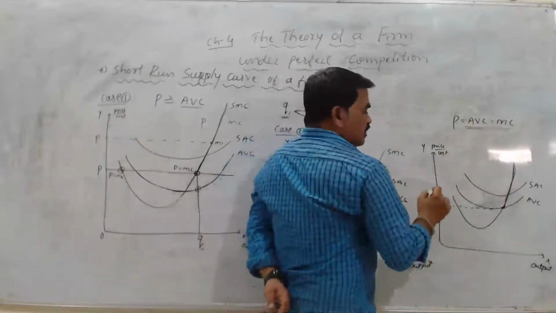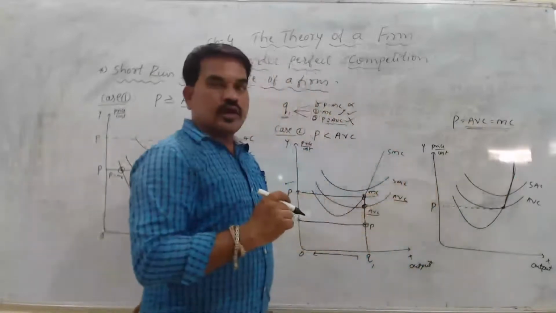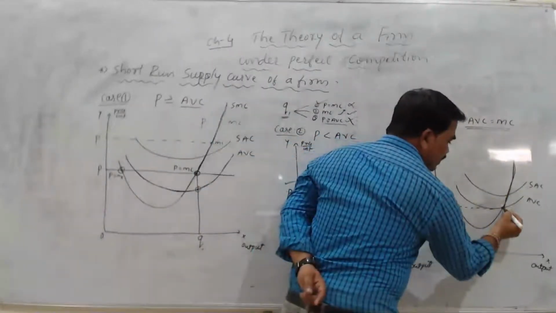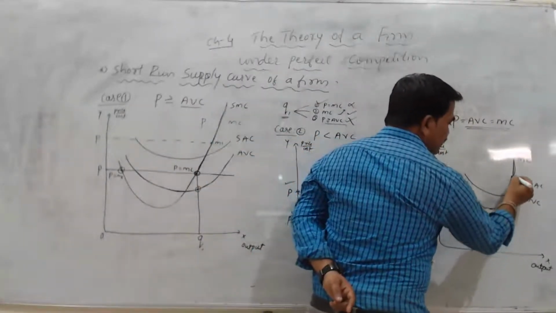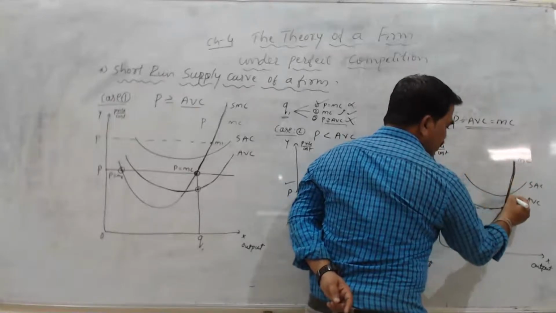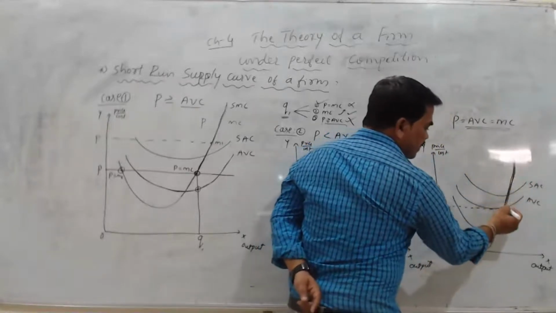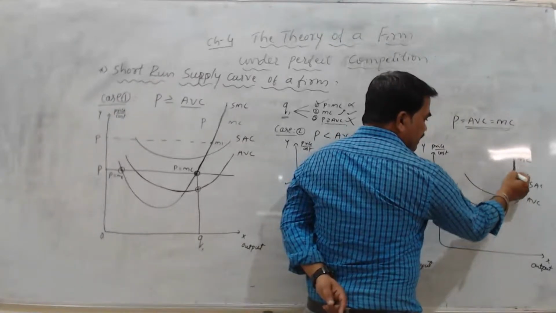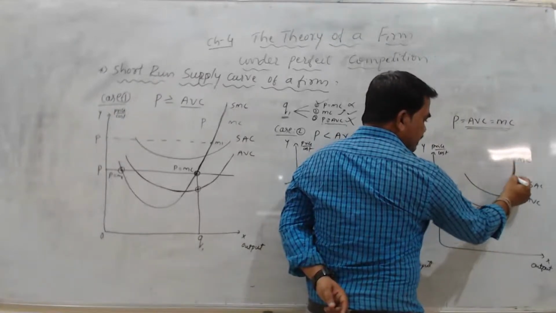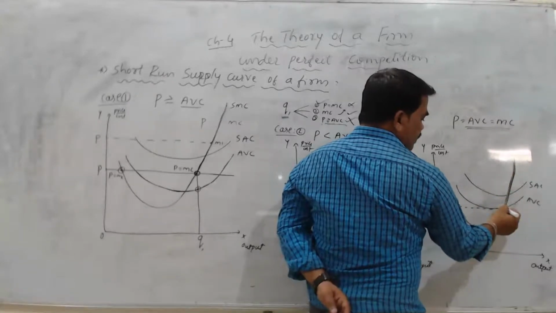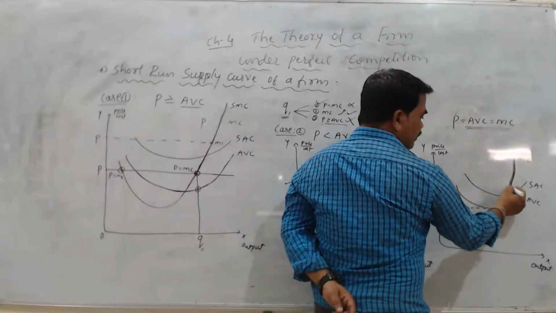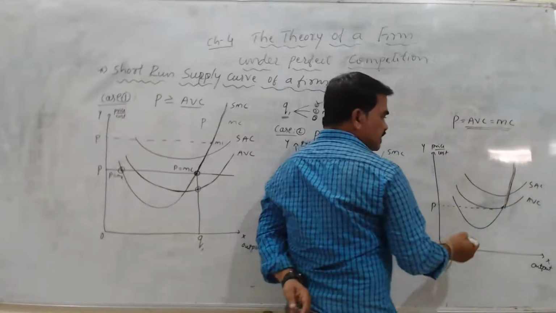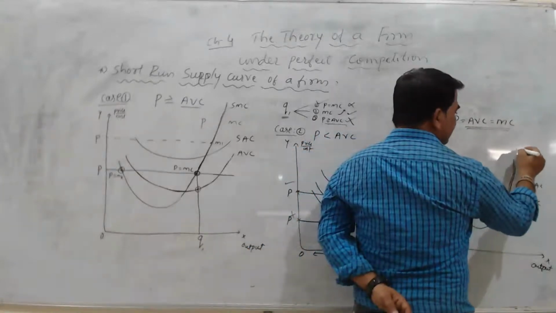So at this point, if you ask me what is his supply, from this point the part of the marginal cost curve above will become his supply curve. Whatever the above dark line you see after this point, that is his supply curve.